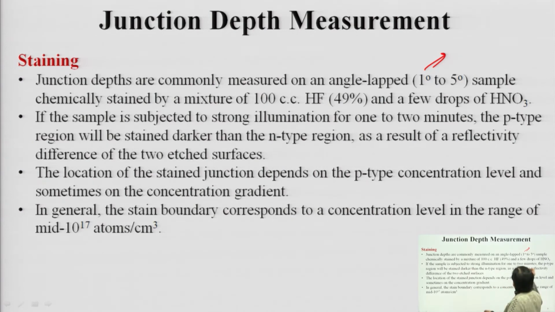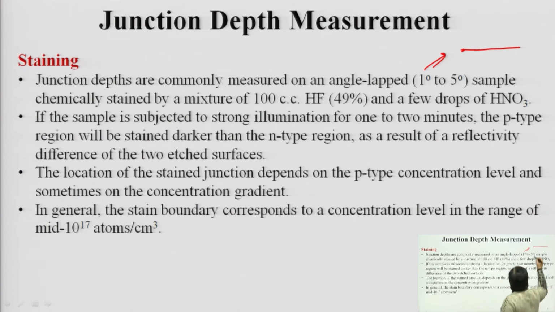From the bulk you take a small angular portion, or you etch away a small angular portion, and you chemically stain that angular portion at an angle of 1 to 5 degrees. You stain that particular etched area.